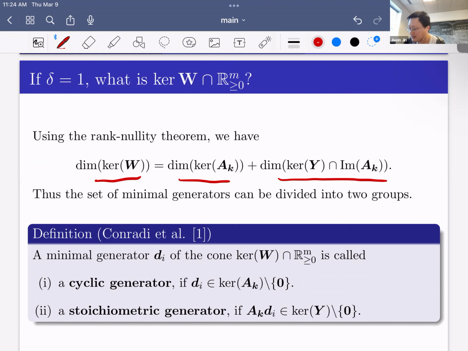They call the corresponding generators of the first type of kernel acyclic generators, and the second type is called stoichiometric generators. Again, you can see we want to figure out how these generators can lead us to find the linkage class.